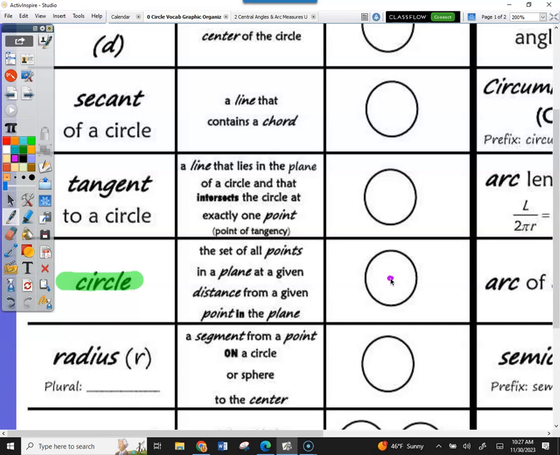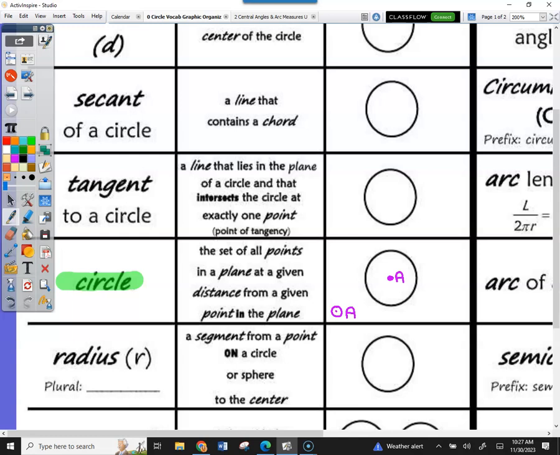So we have this point, which is called the center of the circle. I'm going to call it point A. So if I wanted to talk about this circle without writing the word circle, I can write the notation circle A. And you always name circles by the center point every time.